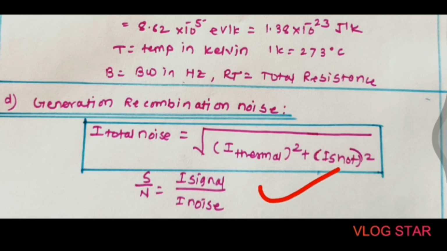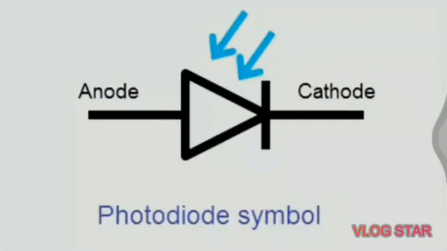Here signal to noise ratio is equal to signal current to the noise current. These are the noise currents in PIN photodiodes.